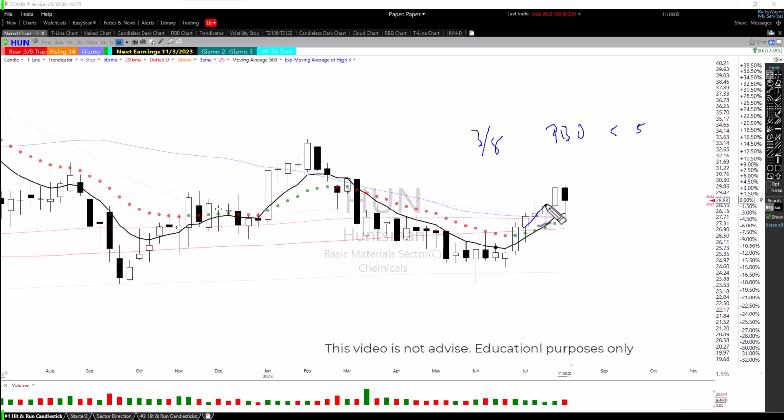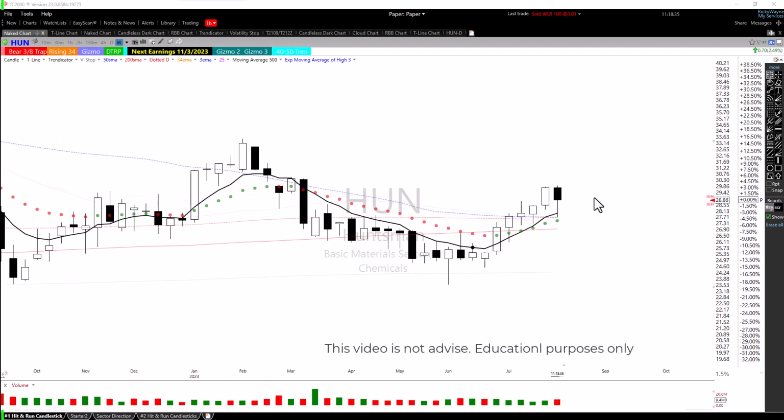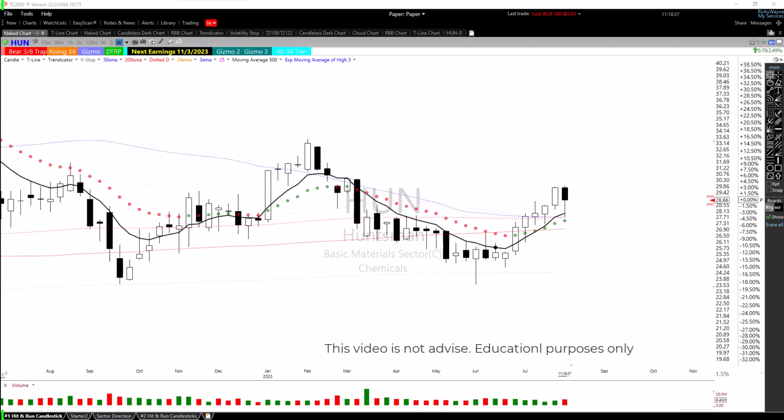And what that will give you is that rise and that pullback. And you can control through your scanning or your eyes, and your eyes, that's a scanning tool, how close you want them to those moving averages. Okay. If I didn't quite get that, let me know.